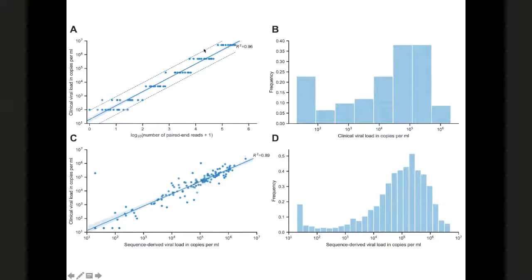From this, we were able to construct a model that we then use to infer the viral load based on the number of reads that you obtain. In figure C down the bottom, you see that if we take samples and obtain a clinical viral load, shown on the y-axis, it correlates strongly with the sequence-derived viral load that we obtain using this model. And from that, you get the distribution of viral loads that we observe within the healthcare facilities.